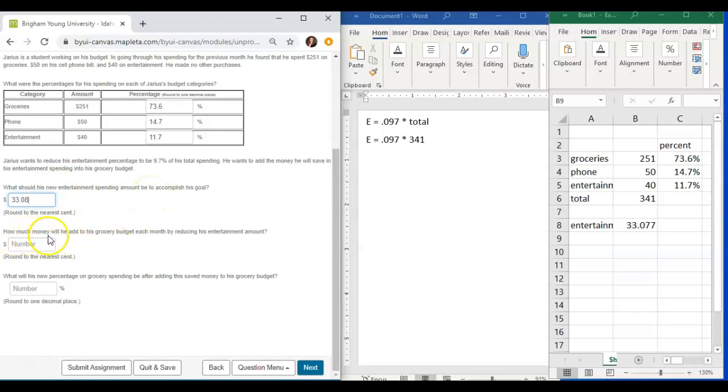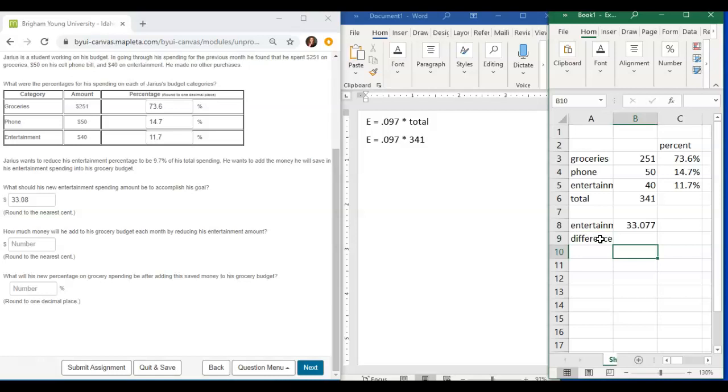The next one: how much money will he add to his grocery budget each month by reducing his entertainment amount? His entertainment used to be $40, so we need to find the difference between these two. I'm going to label this difference so I know what I put in here.